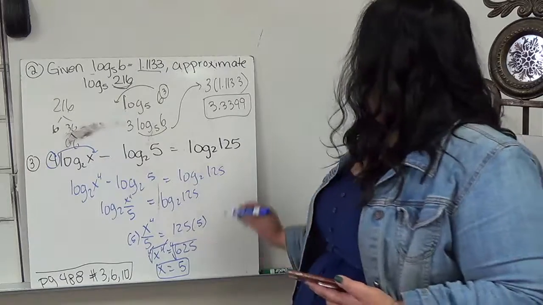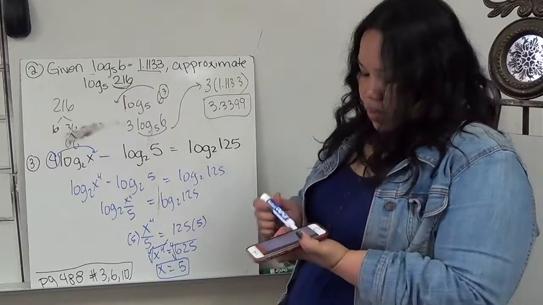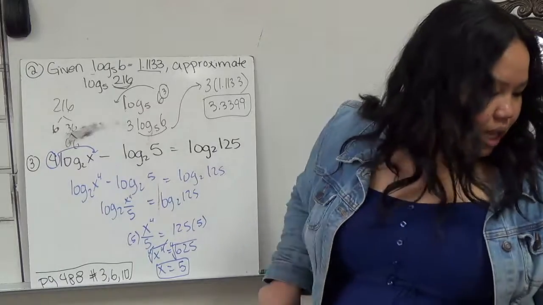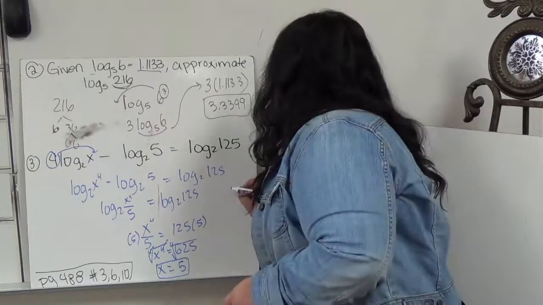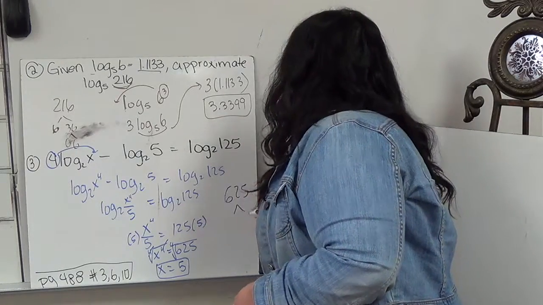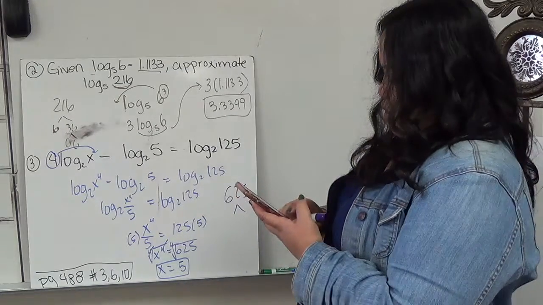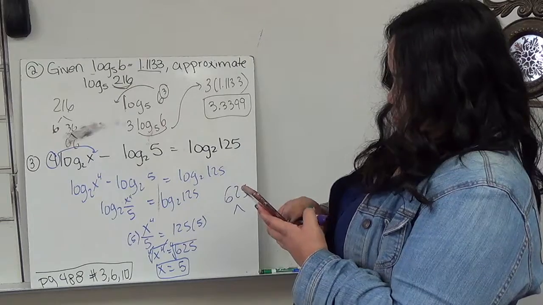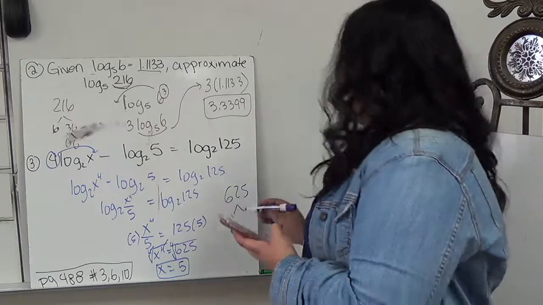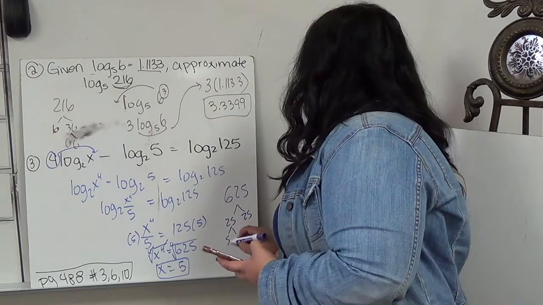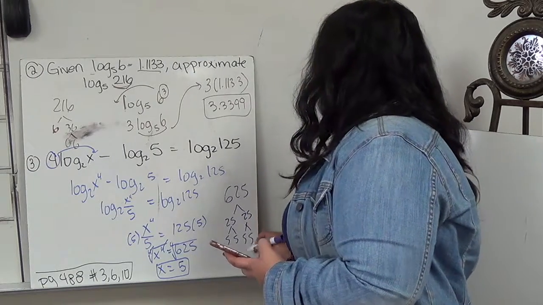And if you didn't know how to find that, I would have just taken 625. Sorry, I should have done the long way instead of using my calculator so I could show you. 625, and then divided it by 25. So that'd be 25 times 25, 5 times 5 times 5 times 5.